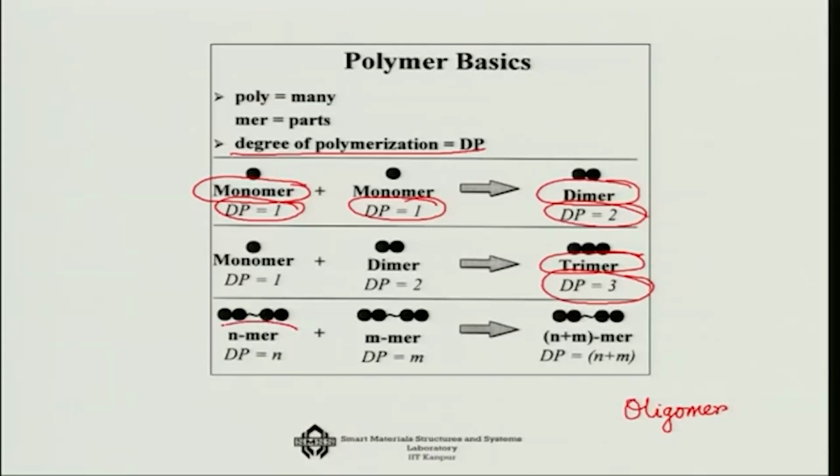So specifically keeping carbon in mind, in the polymer our definition is something like an n-mer with a degree of polymerization of n, or an m-mer. Two such polymers, when they add together, concatenate, then you get something like an (n plus m)-mer with a degree of polymerization of n plus m. So that is the kind of very big scale polymer that we are talking about.